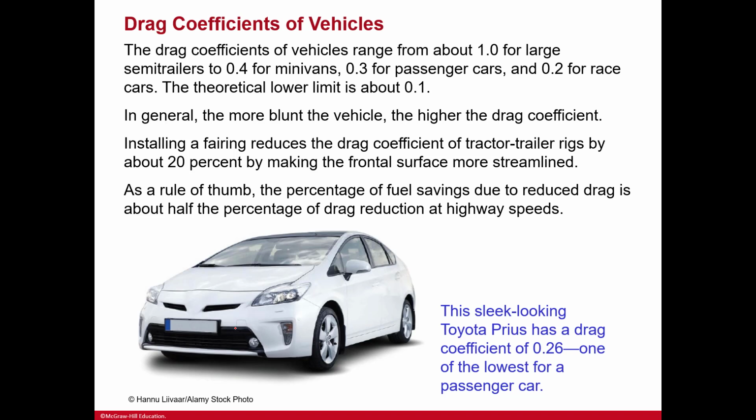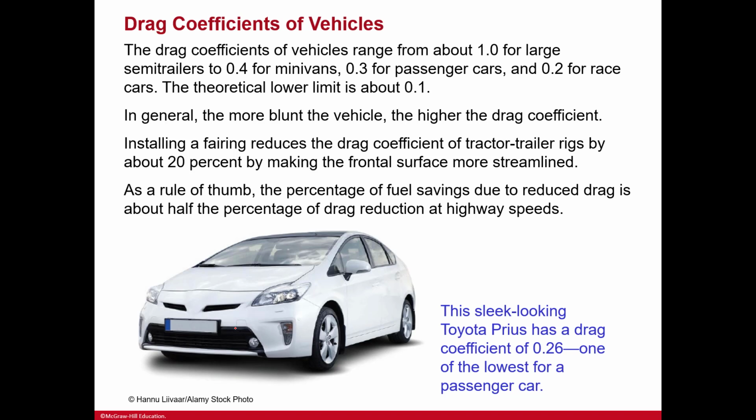The drag coefficients of vehicles range from about 1 for large semi-trailers to 0.4 for minivans, 0.3 for passenger cars, 0.2 for race cars, and the theoretical lower limit is about 0.1. In general, the more blunt the vehicle, the higher the drag coefficient. Of course, because it's less efficient. It's harder to go through that fluid.